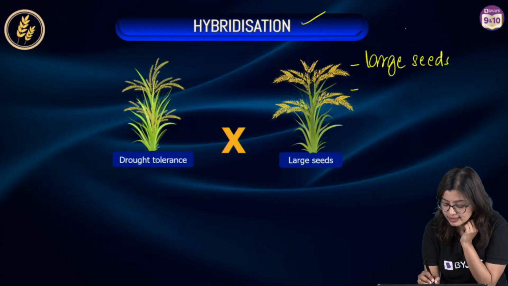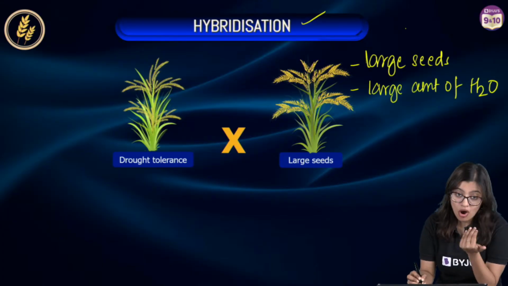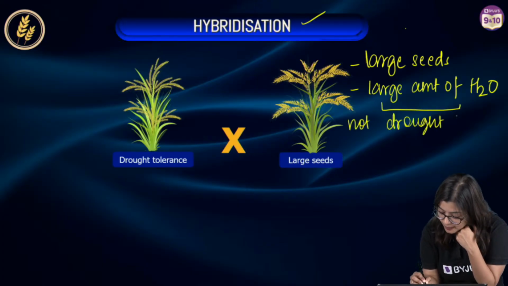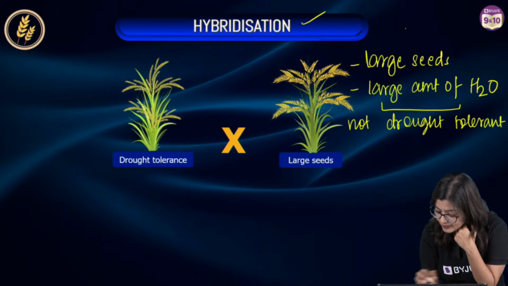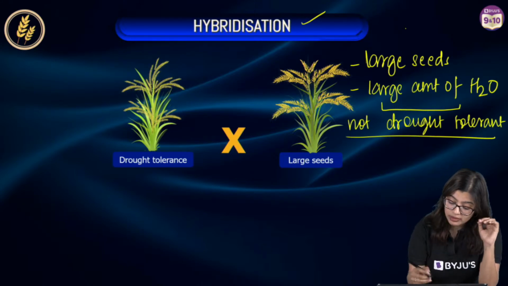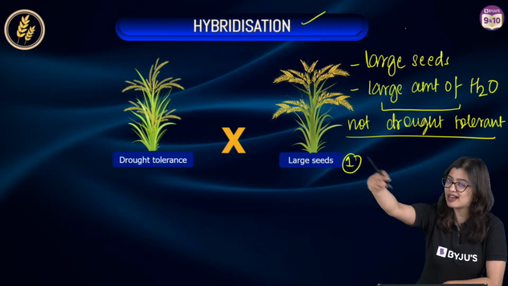That means it requires a large amount of water, or you can say they are not drought tolerant. So this is one plant which my farmer has. But you know what? He saw one other plant.